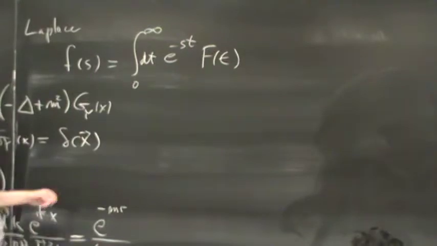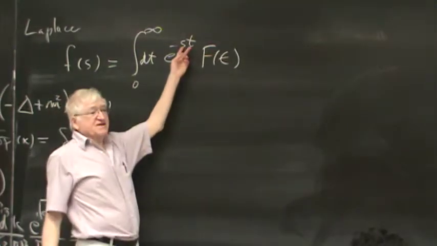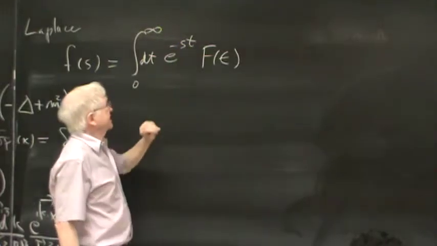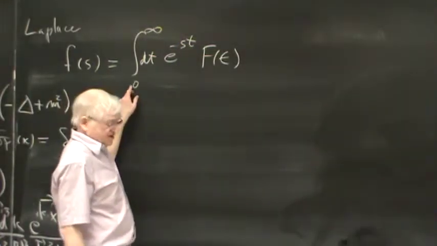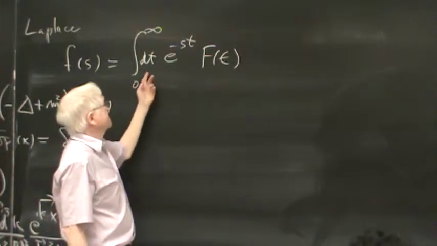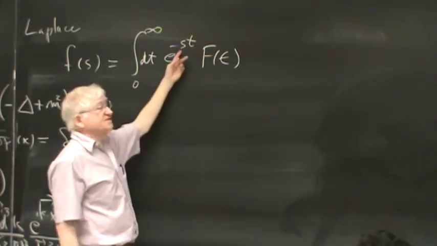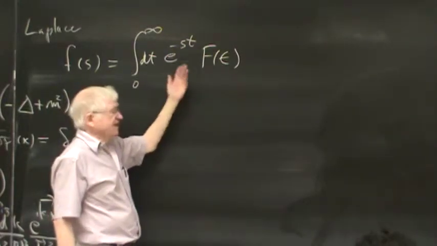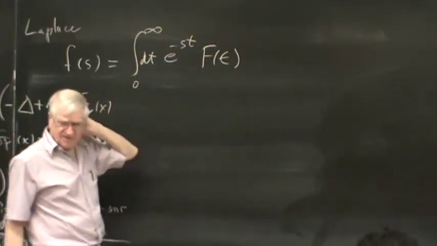The biggest difference is that this is not a phase factor, this is a decreasing exponential. The second big difference is that we're integrating over the half line. That's because if we integrated from minus infinity, this would become a huge factor, and we would have almost no cases where the thing is finite.